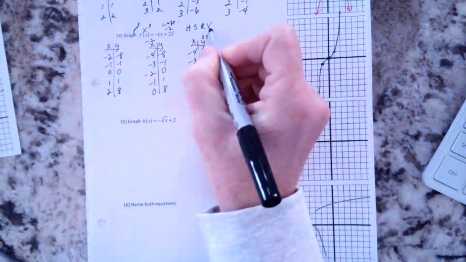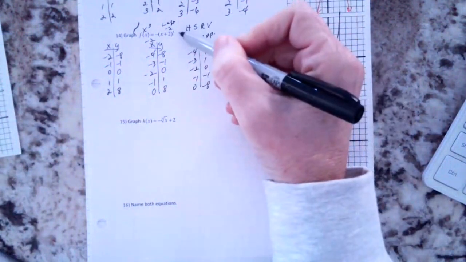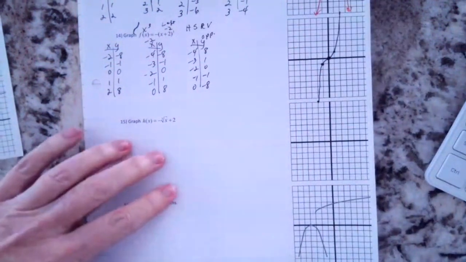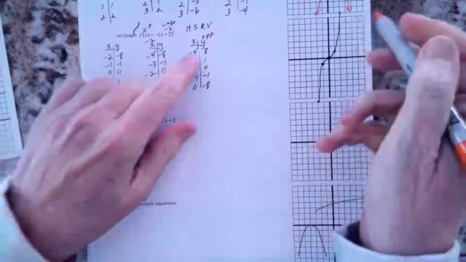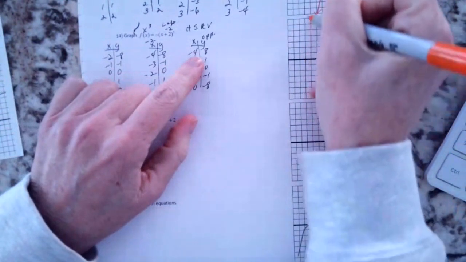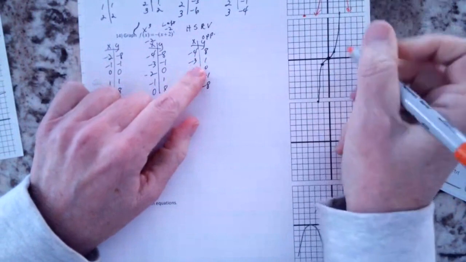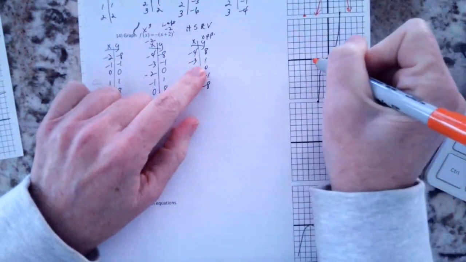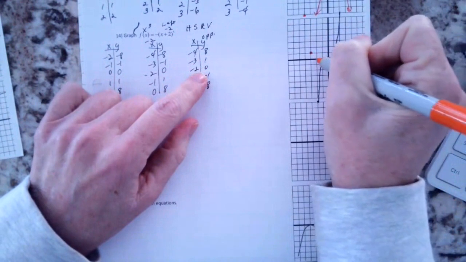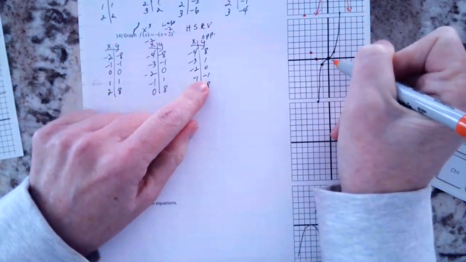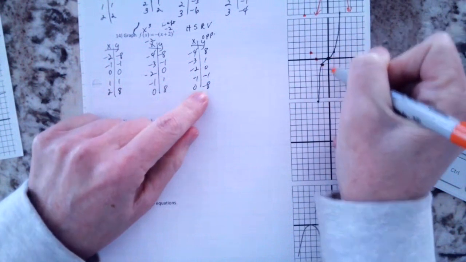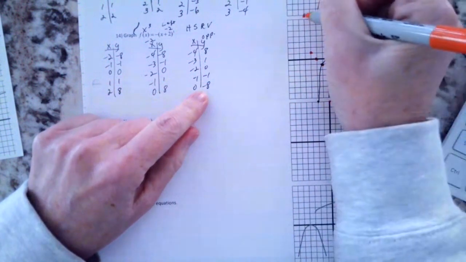The next thing to do is a vertical shift, and there is no vertical shift here. There is no number dangling out around the back side. So let's see what we've got here. -4, 1, 2, 3, 4, and 8, something like that. -3, 1, -2, 0, -1, -1, and 0, -8.